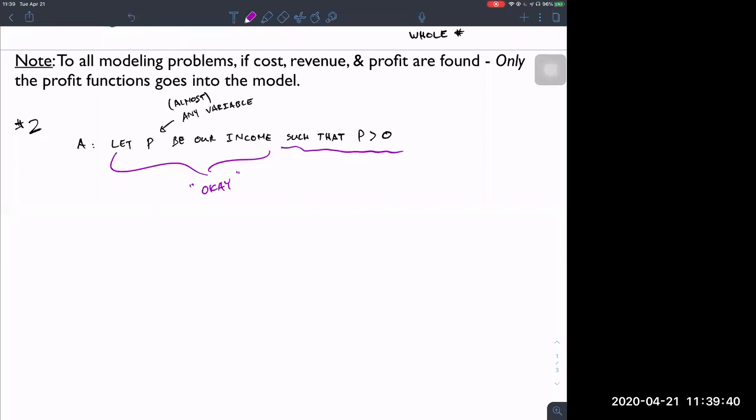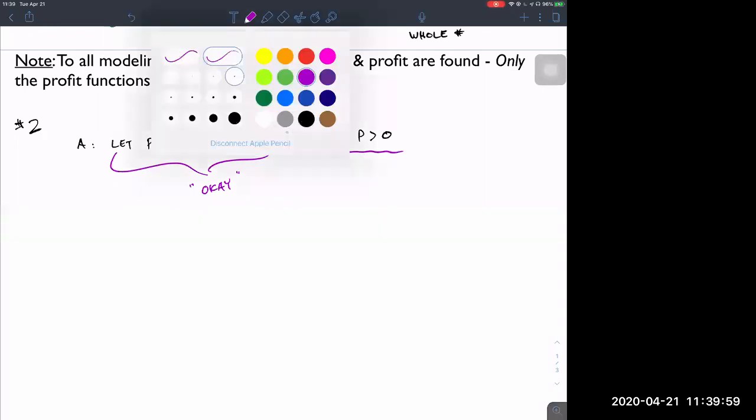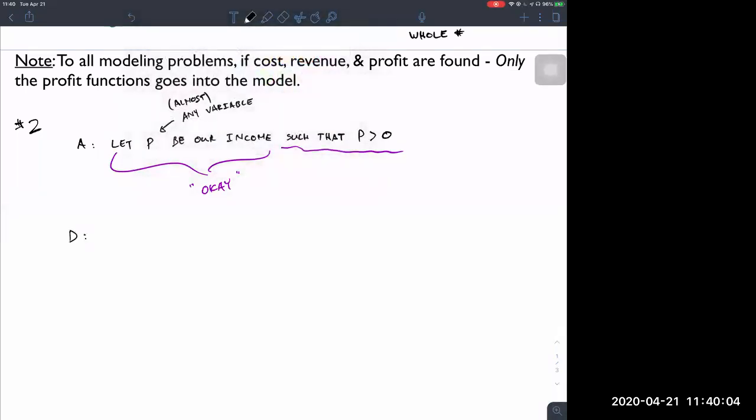All right. What are the questions on part A for number 2 for the model? And the way I wrote it right here, just a little note here: if you're doing letter D, you need to know that the variable cannot be P because you already use P up there.